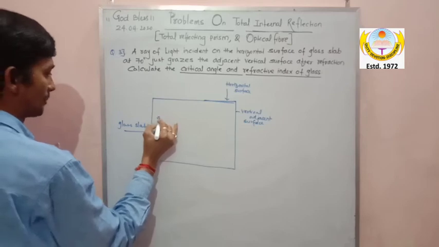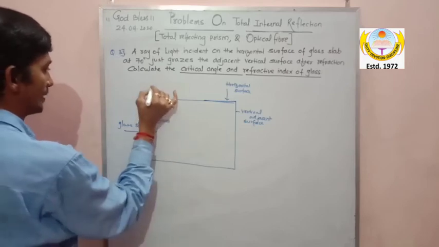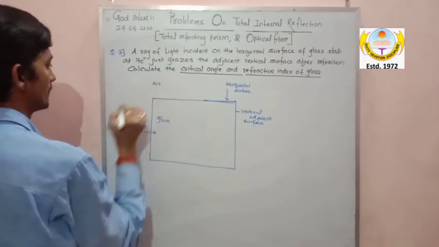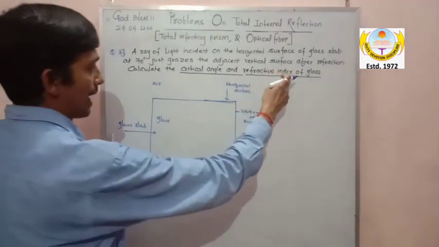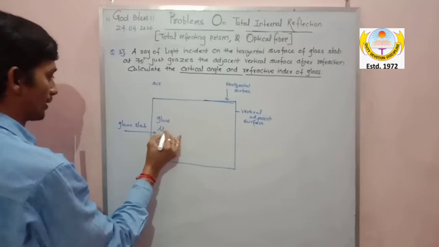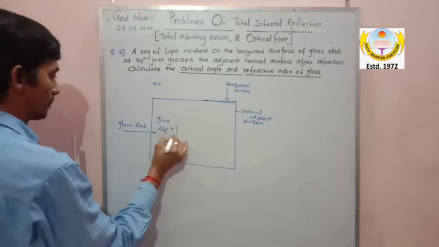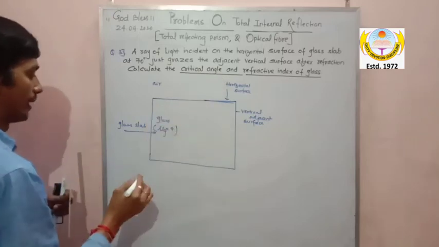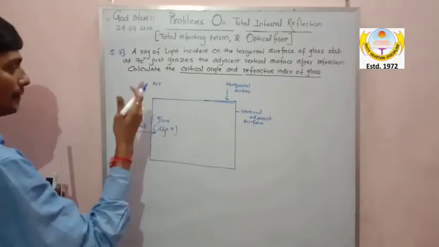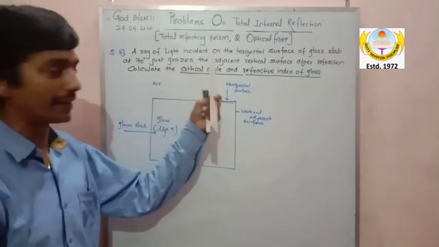So this is glass medium and this is air medium. Okay, and I have to calculate the refractive index of glass. That mu g is the refractive index of glass, which I am supposed to calculate in the question, apart from the critical angle also. But let us draw the ray diagram first.